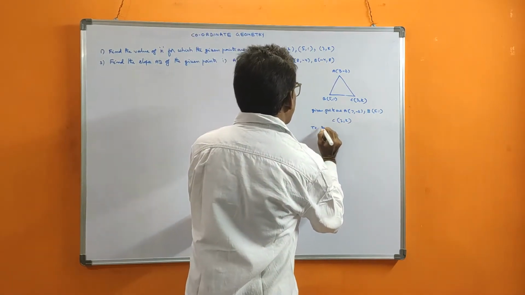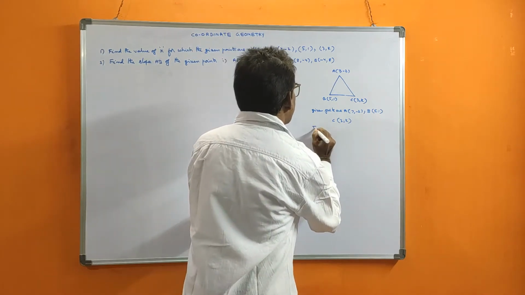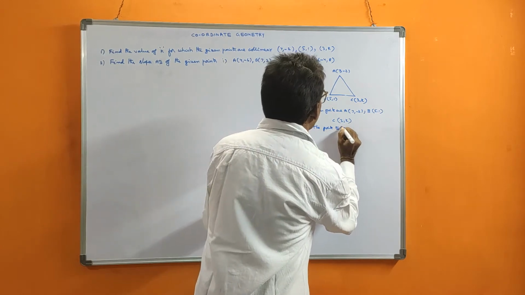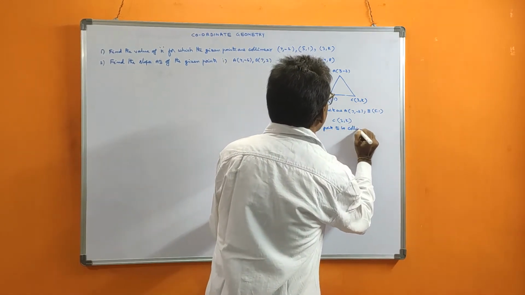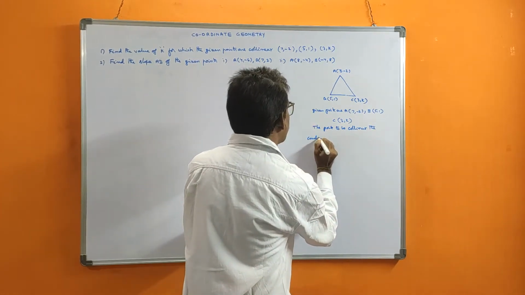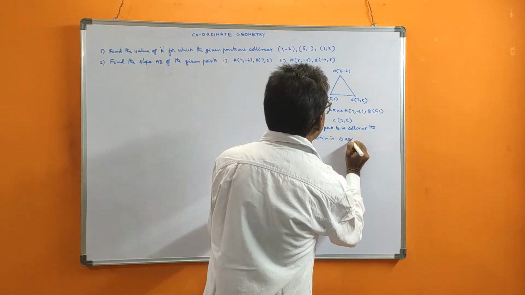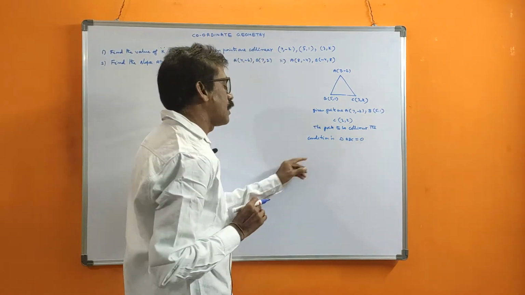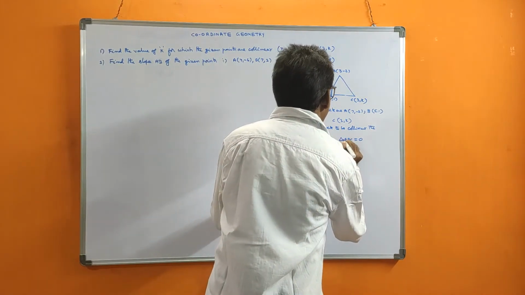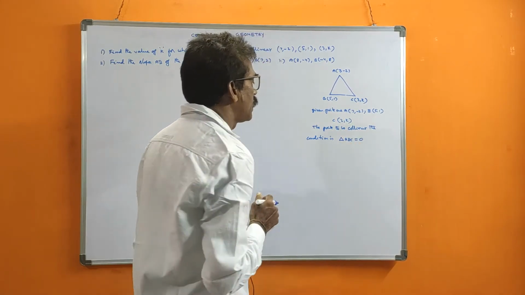For the points to be collinear, the condition is triangle ABC equals 0. Here triangle means area, so the area of ABC is equal to 0.